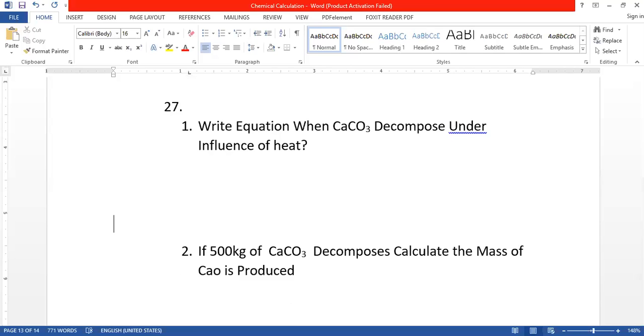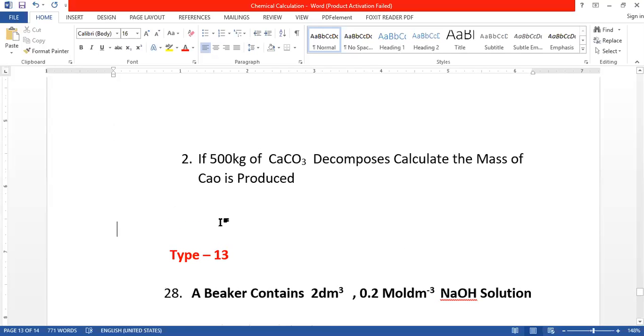The second question: if 500 kilograms of calcium carbonate decomposes, calculate the mass of calcium oxide produced.